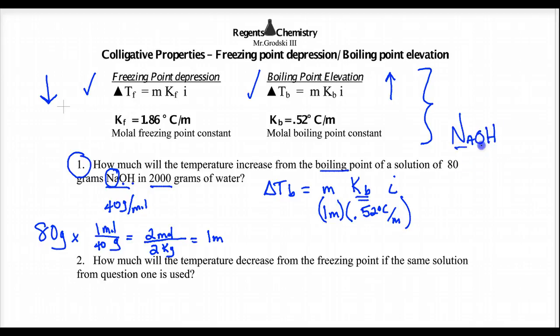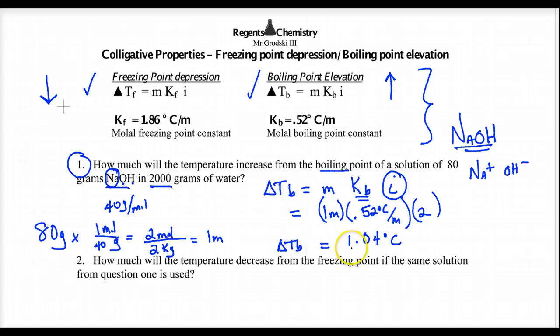It's an electrolyte. It breaks apart into Na plus and OH minus. Therefore, I've got to treat that I with a 2 here. And then, of course, we multiply this together. The I factor is a dimensionless number. So 1 times 2, 2 times 0.52, 1.04 degrees Celsius is my change in temperature of my boiling. That's how much the boiling will change.